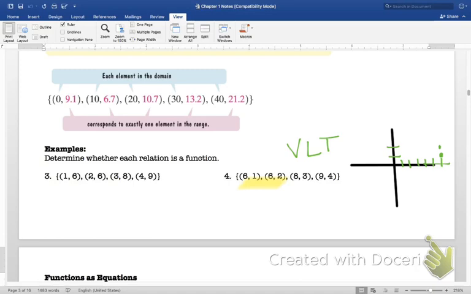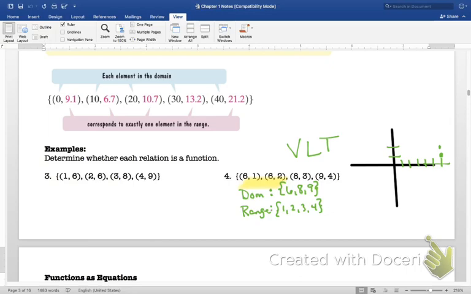So you can't have two x values that repeat themselves and have different y values. If we're dealing with domain and range, your domain should never have fewer values than your range. 1, 2, 3, and 4.